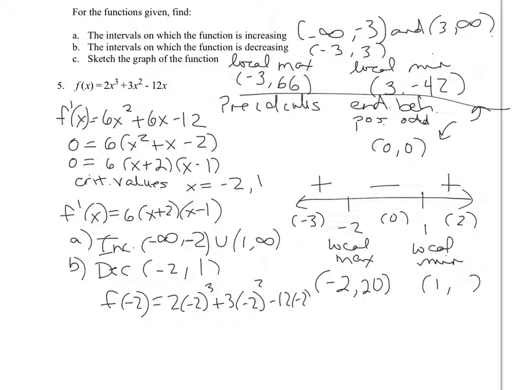And so when you cubed the negative 2, that was negative 8, right? And negative 8 times 2 was a negative 16. When you multiplied negative 2 squared, gave you a positive 4 times 3 is positive 12. And a negative 12 times a negative 2 is a positive 24. All right, and so 36 minus 16 is how you get a positive 20.